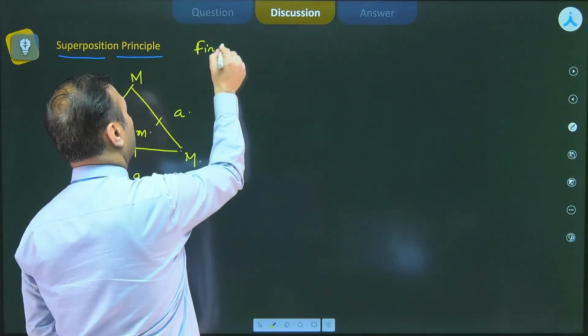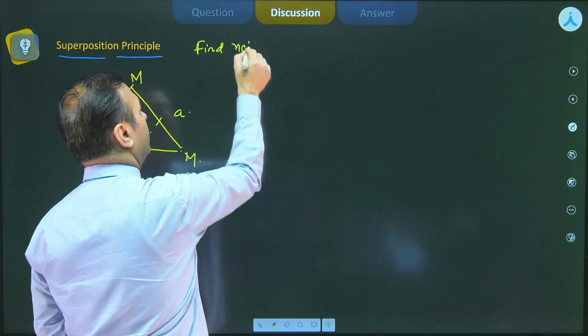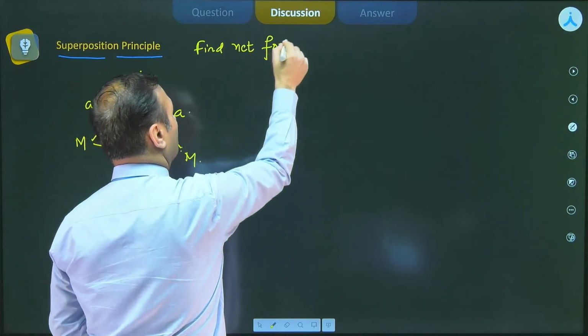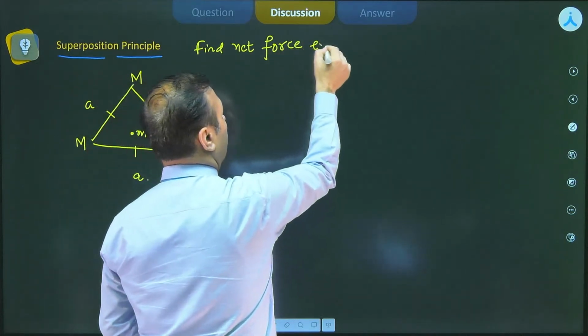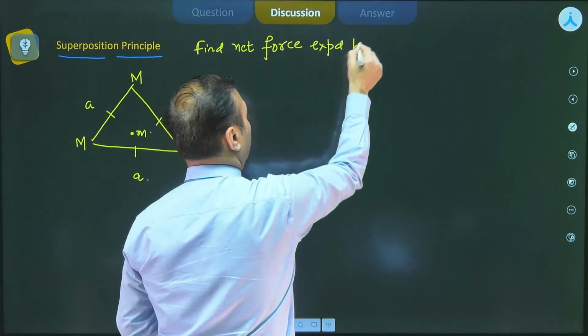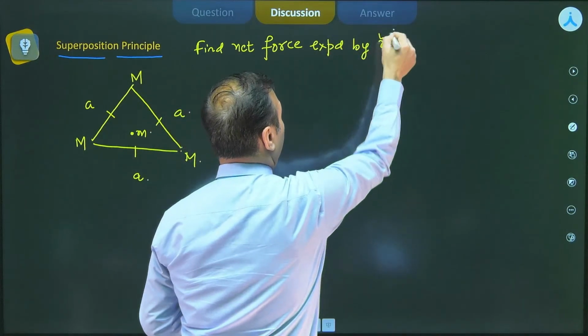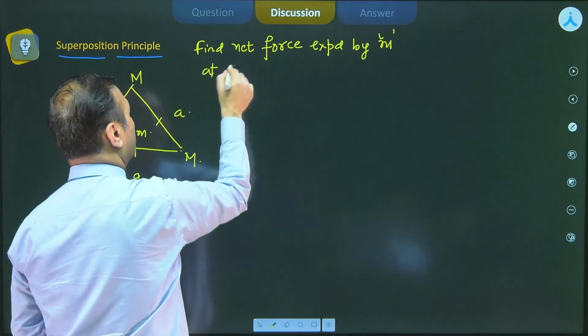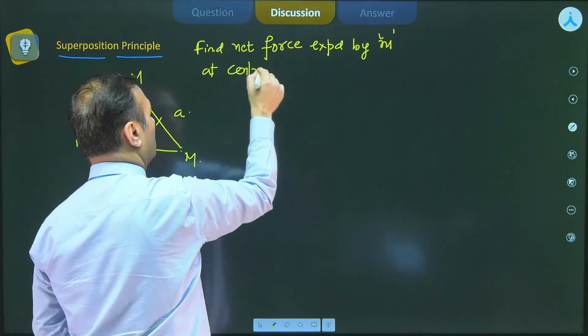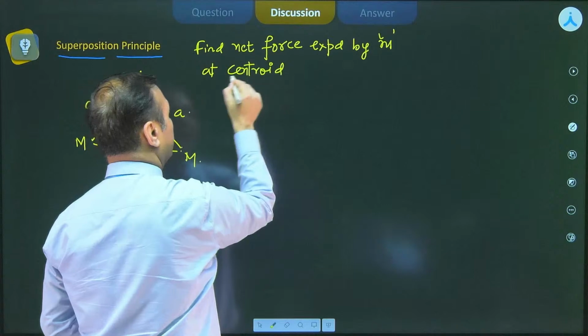The question is, find the net force experienced by small m at the centroid.